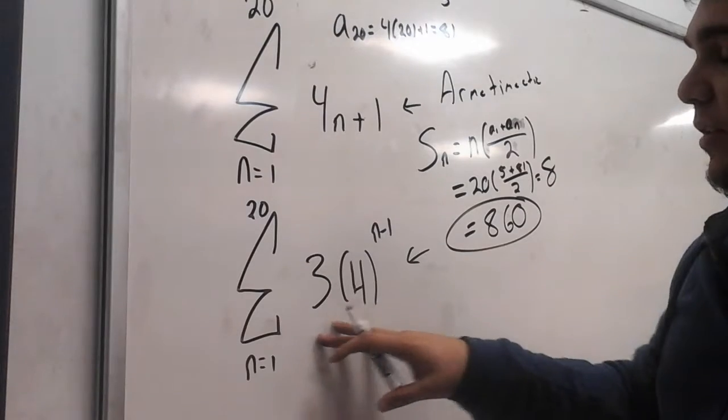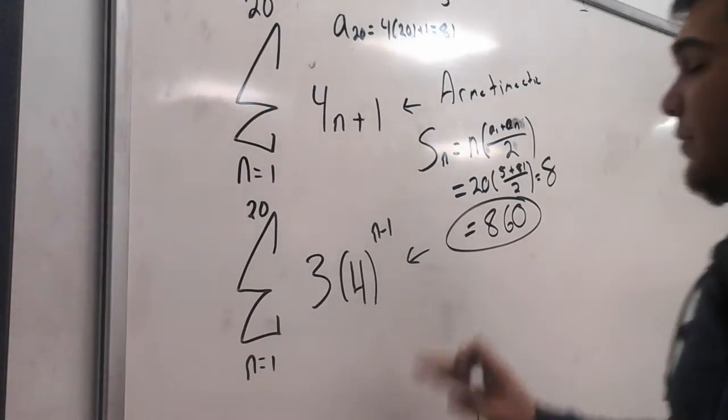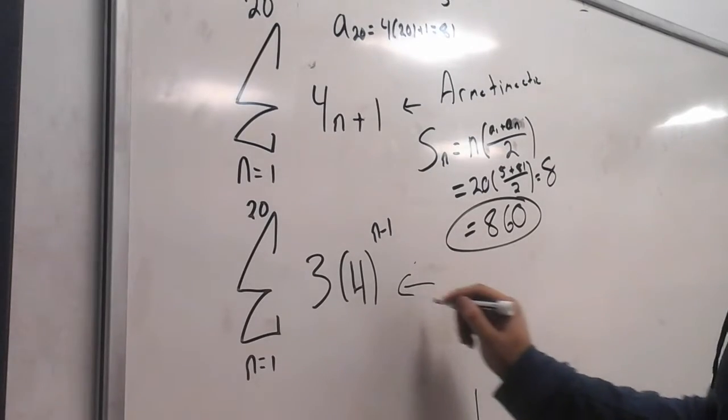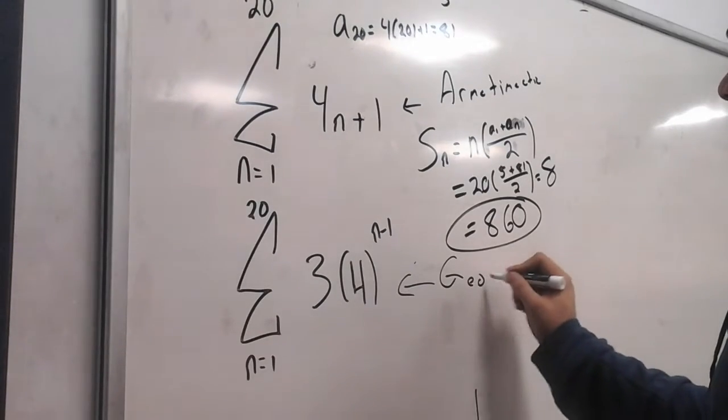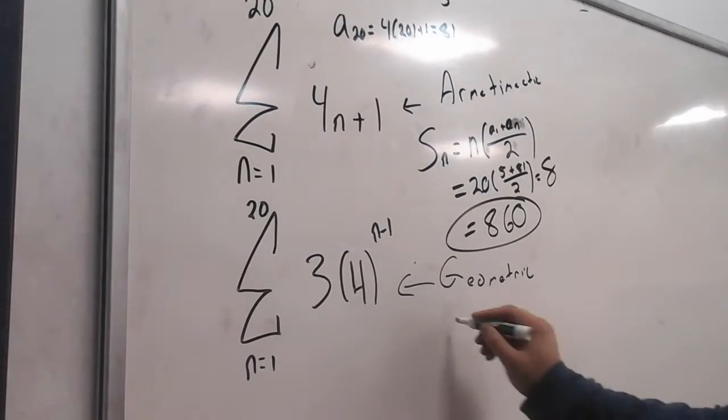Over here, this should look more clear and recognizable as a geometric sequence. So for this one, we can see it's a geometric sequence, and we can use our shortcut.